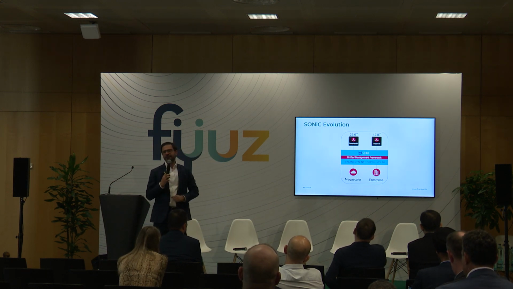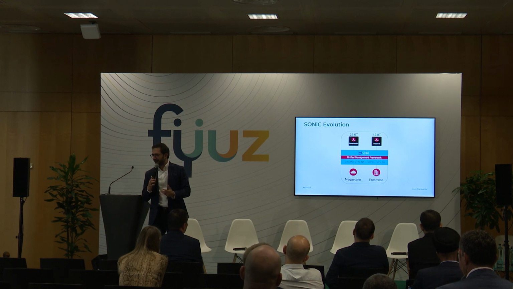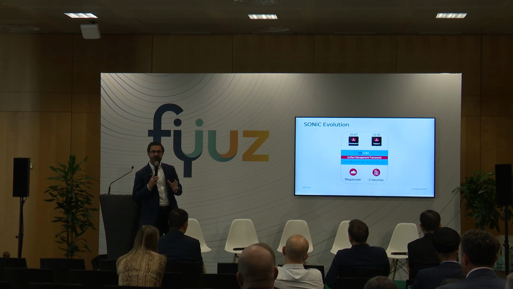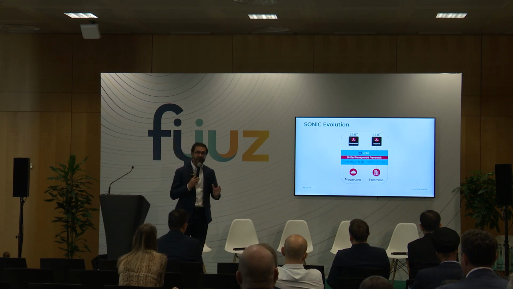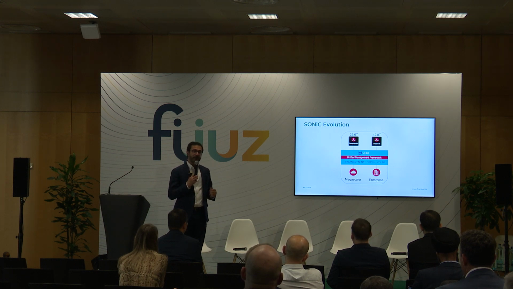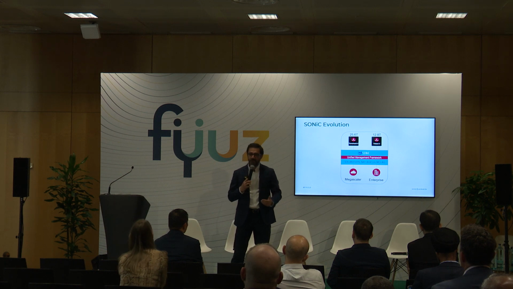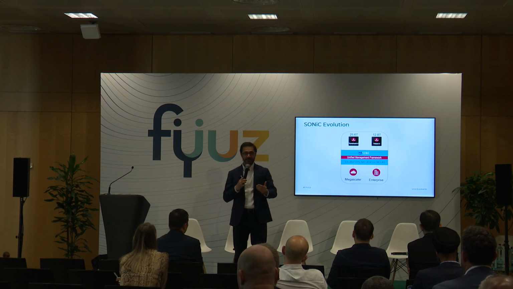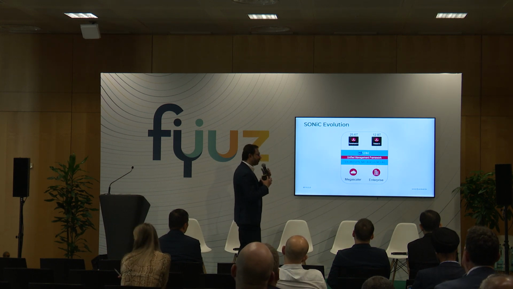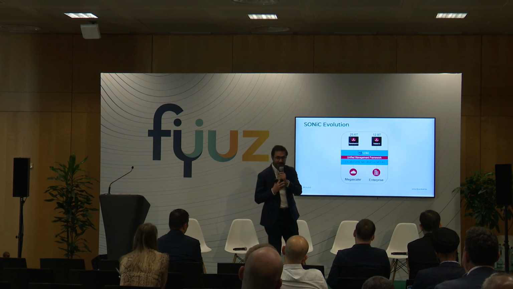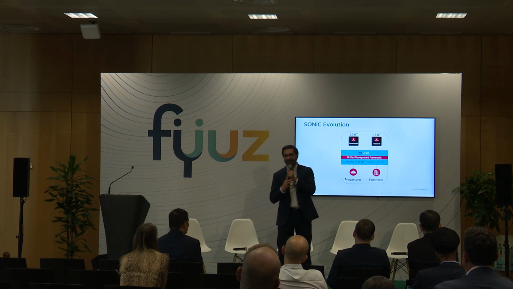Sonic started off at megascalers. So as you can imagine, the initial focus of feature development was all megascalers. What we did at Broadcom, we started making Sonic more enterprise class. So we started adding features like multi-tenancy, features like enterprise-grade NAT.